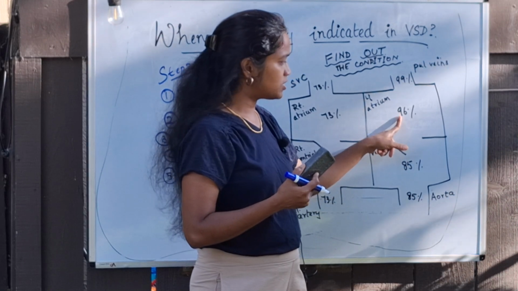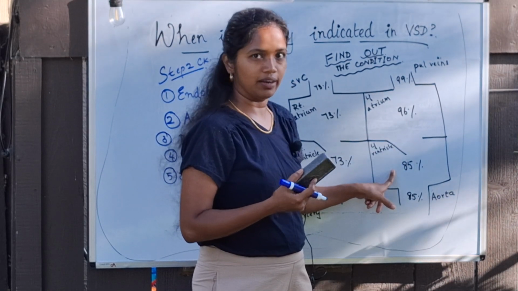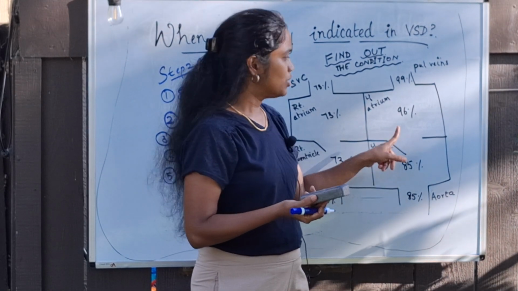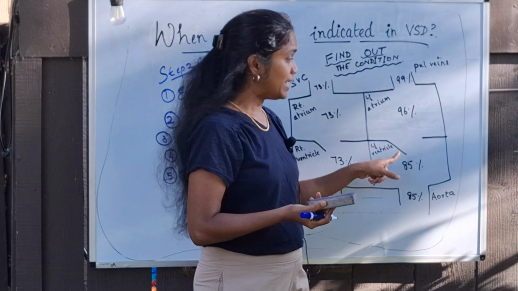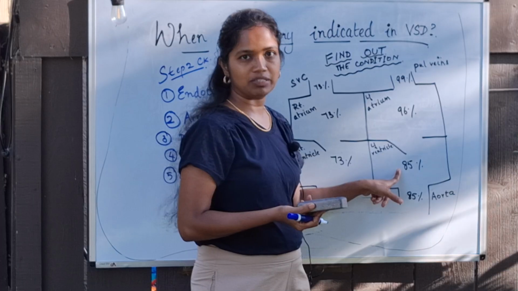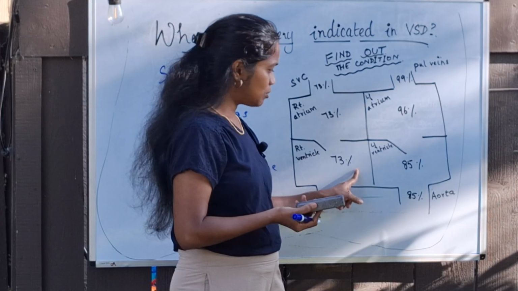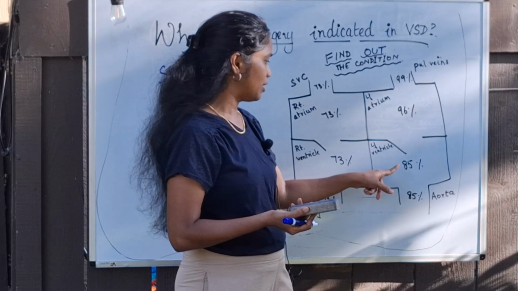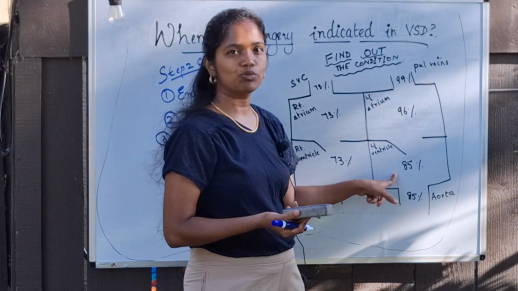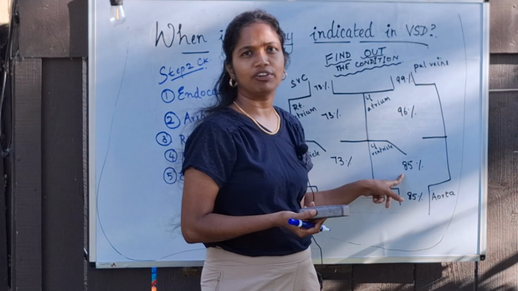Then the 96% has to be present in the left ventricle, right, unless there is a problem. So you can see that instead of the left ventricle oxygen saturation being 96%, it is 85%. So what does this mean? There is a mixing of deoxygenated blood in the left ventricle. From the right ventricle, it should have entered into the left ventricle.